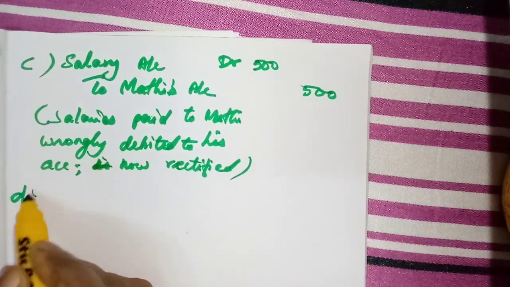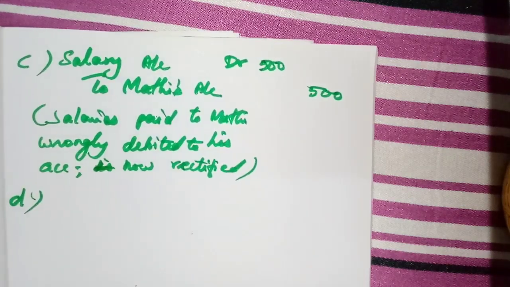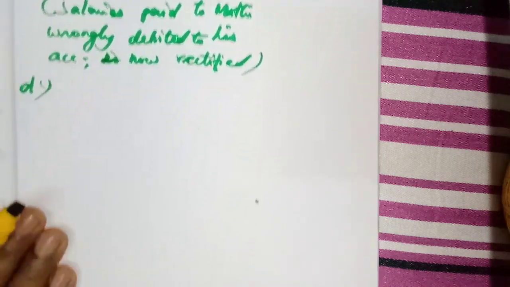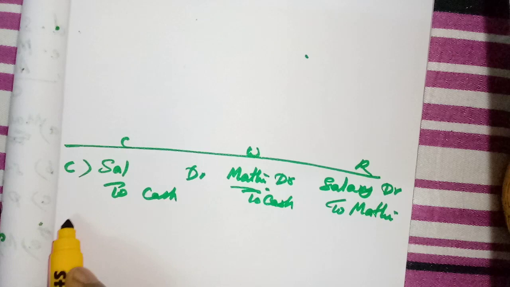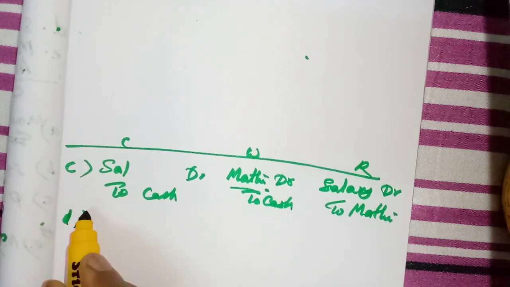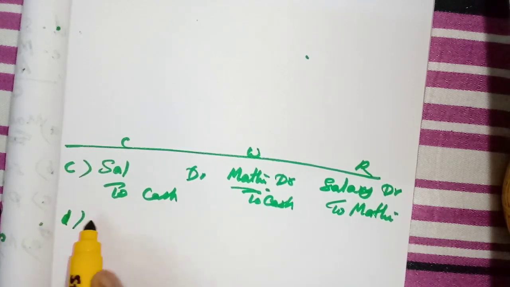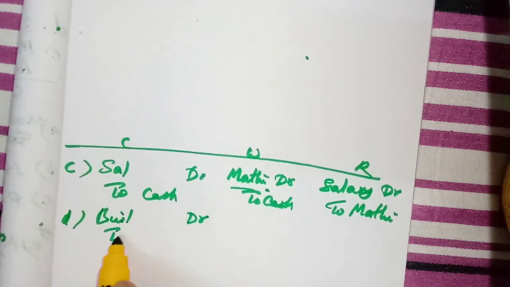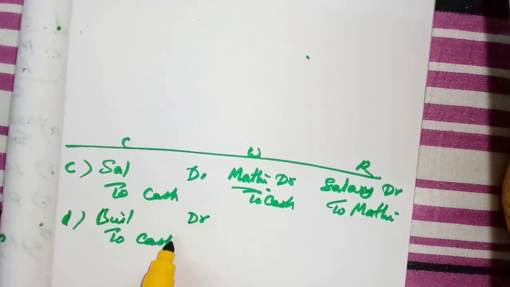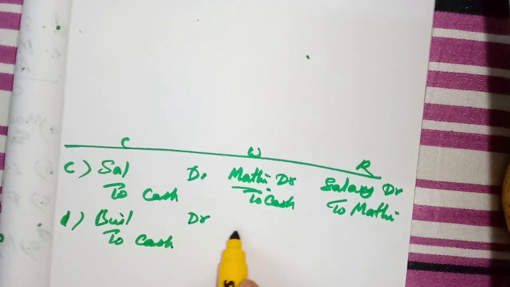Then D. Amount of rupees 2700 paid for extension of the building was debited to repairs account. Extension of the building is capital expenditure, isn't it? So building only we need to debit. Building account debtor to cash. But it was debited to repairs account.